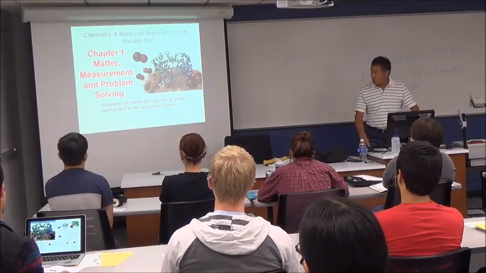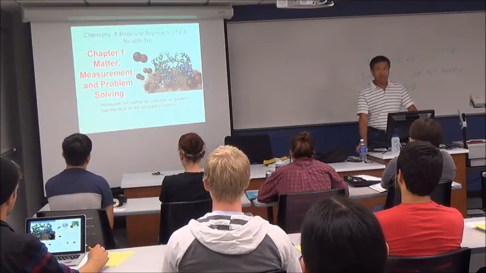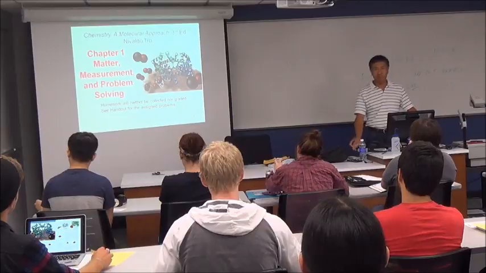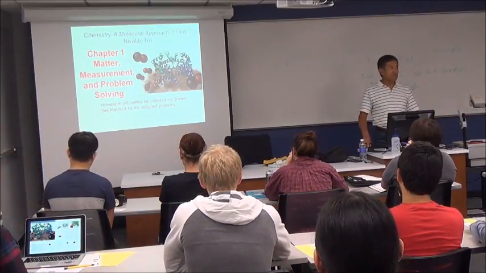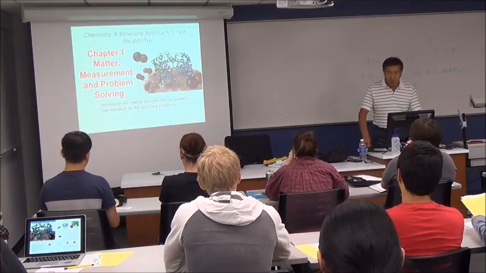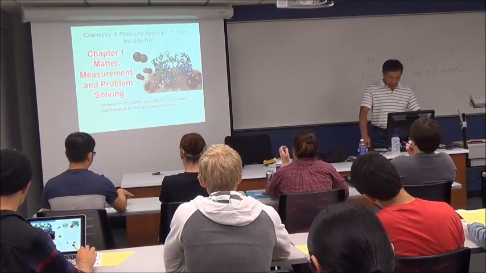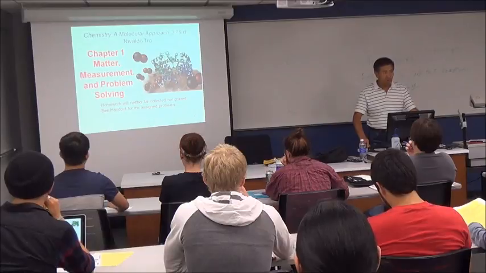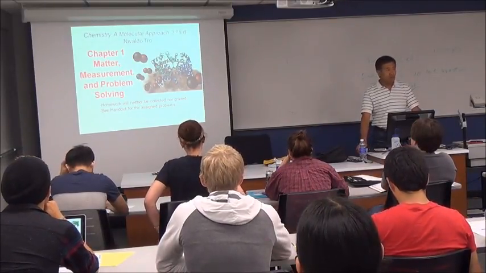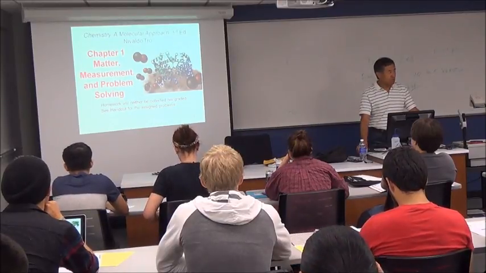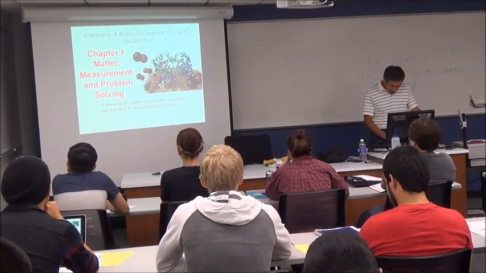Usually I will just run the Part 1 and lecture notes, and when you have those examples, I will do the example, and then we will do the CIE together. Alright, so the first chapter is about measurements and problem solving. That's really the basic of chemistry class.